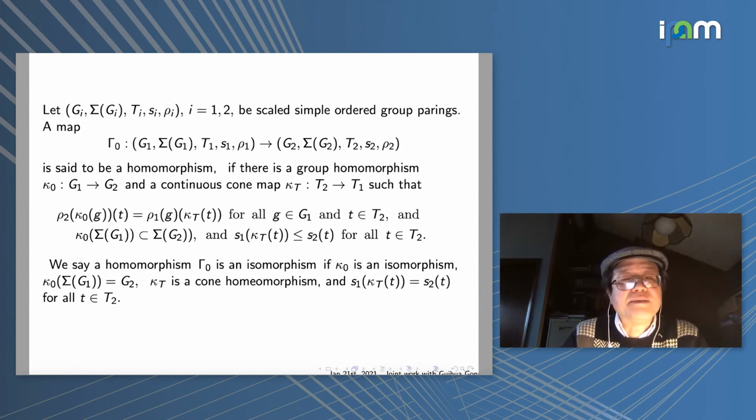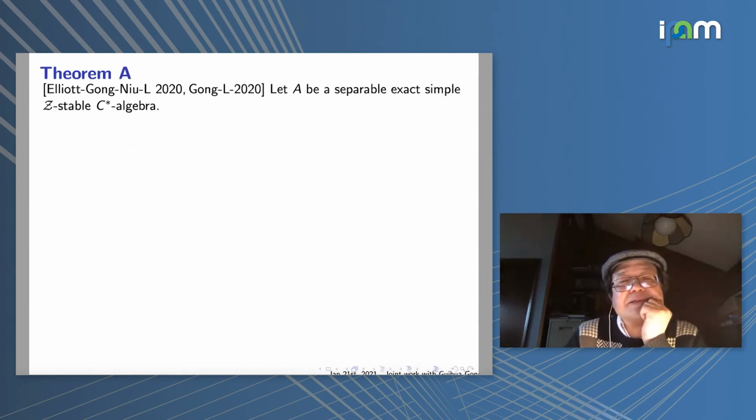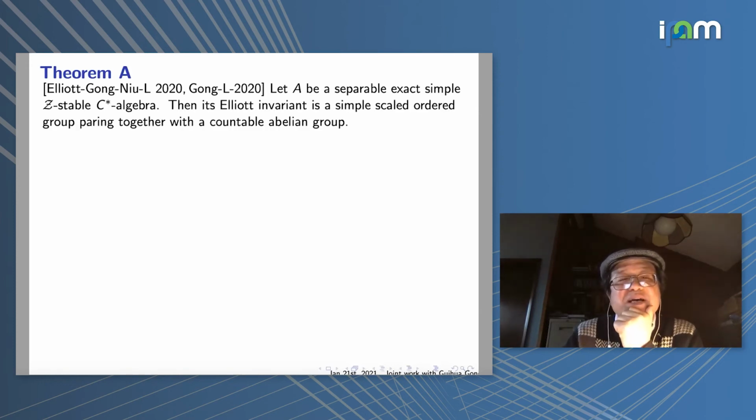All right, so now we are ready to state the first theorem. It says, let A be a separable exact simple Z-stable C*-algebra, then its Elliott invariant is indeed a simple scaled ordered group pairing together with a countable abelian group.